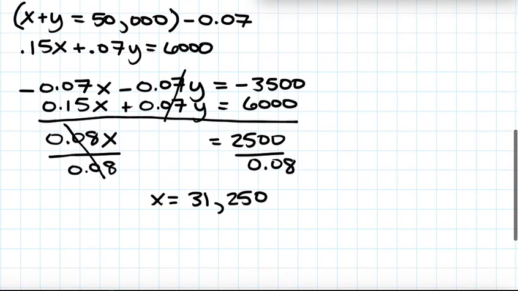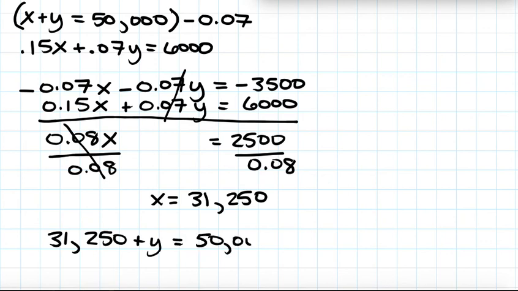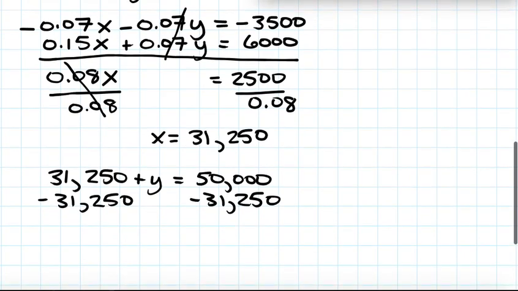Now again, I need to find the value of y, so I'm going to plug into the easier equation, the x plus y equals 50,000 equation, which is going to be a little bit easier to work with. Subtract 31,250 and I get y equals 18,750.